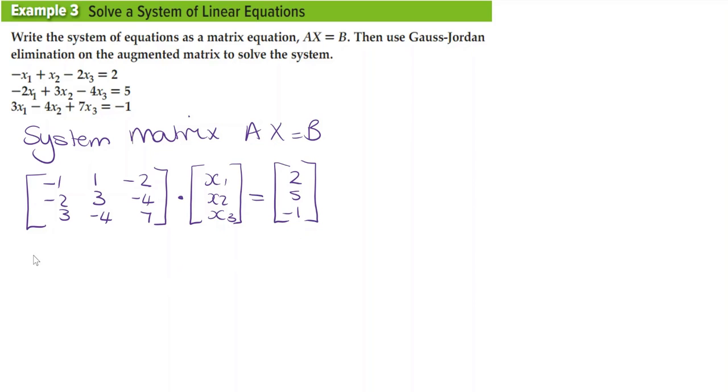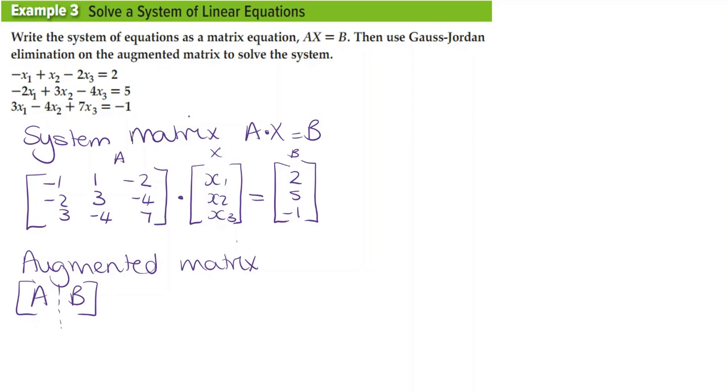Now we need to write an augmented matrix. So this is combining. This is A, this was X, and this is B. So this is in the form of A dash B. So this will be -1, 1, -2, -2, 3, -4, 3, -4, and 7.